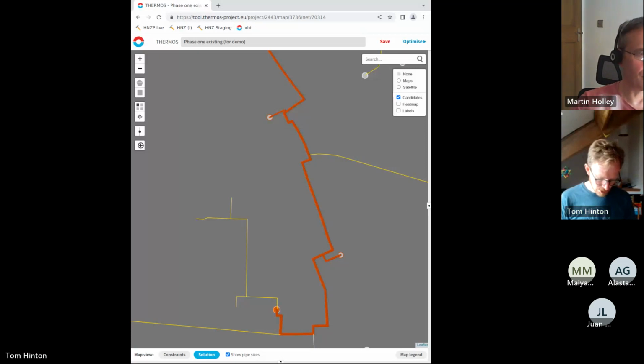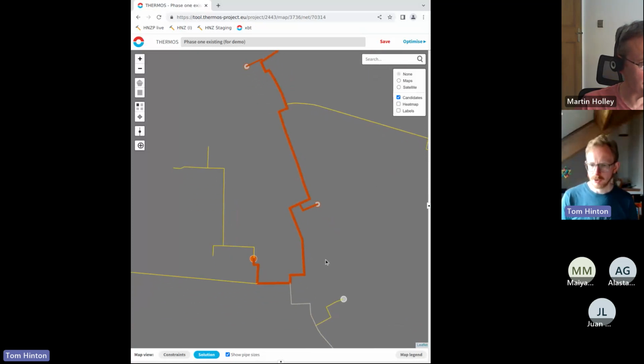So as Martin's slides illustrated, there's a bridge between the two models. They're really two separate models, the supply part and the network part. And the outputs from the network model form inputs to the supply model.